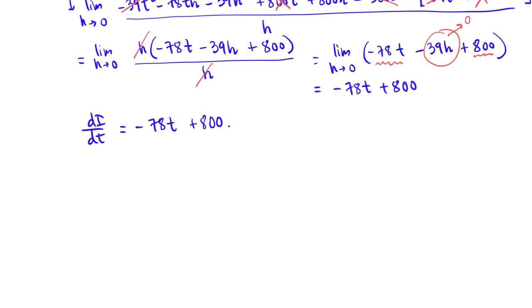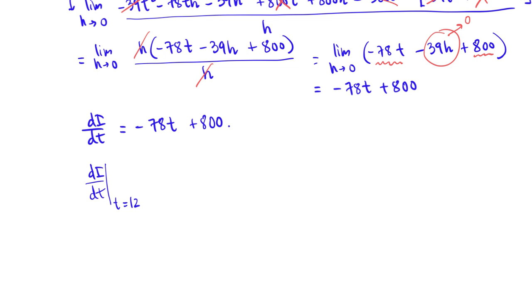Next, the question asks us to find at what rate were oil imports changing at the start of 2012? And so we would evaluate this derivative at the year 2012, or when t equals 12. Remember that t is the number of years since the start of 2000.